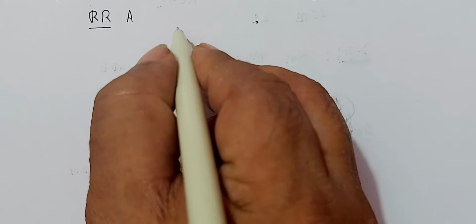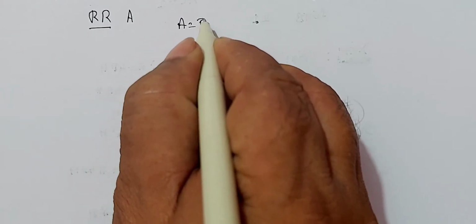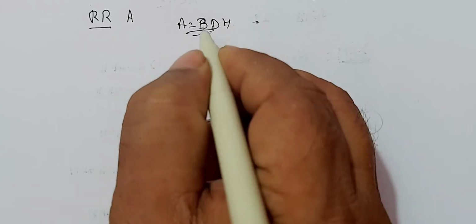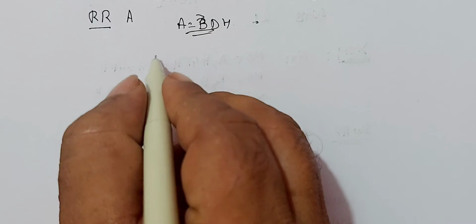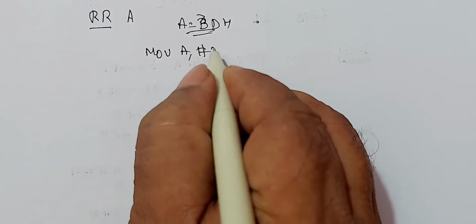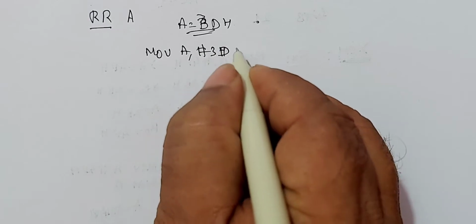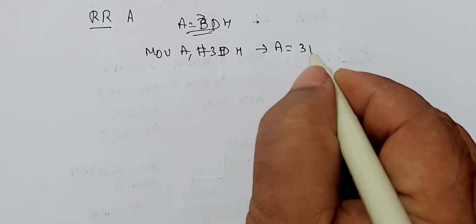I will load A with 3DH. How do you load the number 3DH? By the instruction MOV A, #3DH. This implies that A is loaded with the value 3D.